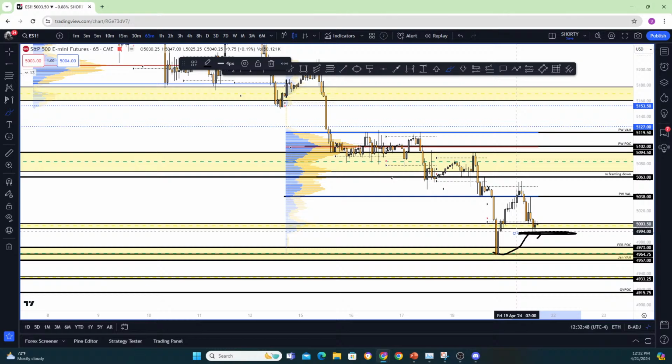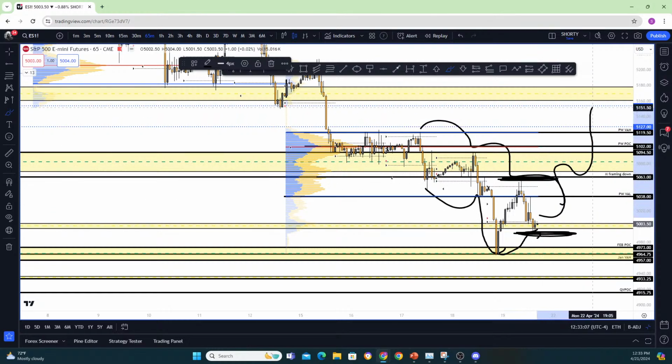It's a trick question. Not really. No, this is a break of structure because we're still making lower highs and lower lows. This would be a break of structure. Your change of character happens here, which would be a big level because that is very close to 50.63. That would mean that you would most likely catch something like this, as long as you're, of course, able to auction above 27.